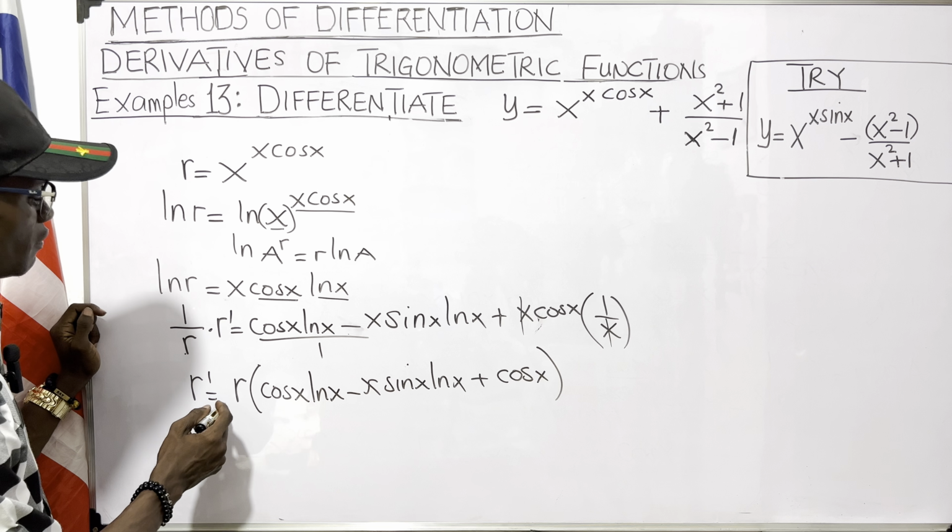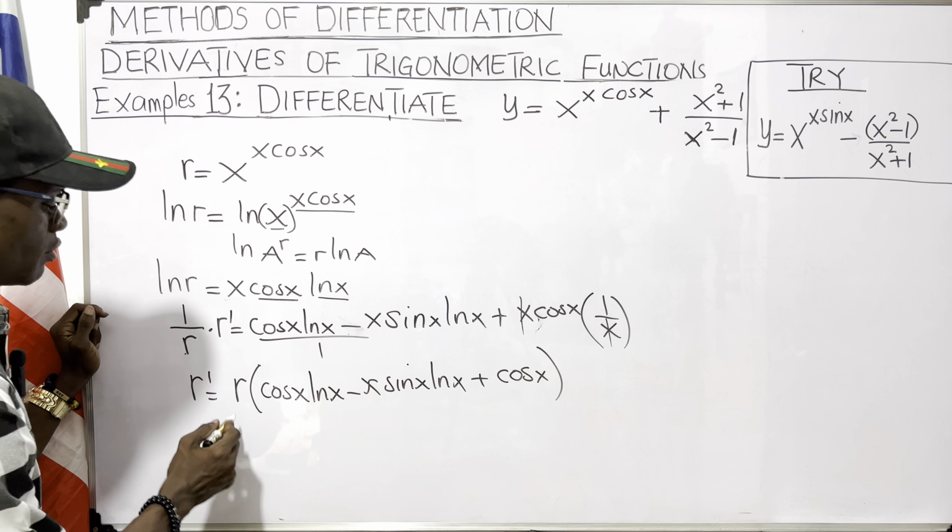We need to bring back the value for r. So r prime is now equal to x raised to the power x cos x times cos x ln x, minus x sine x ln x, plus cos x. This is not our answer. This is just the derivative of this first term.